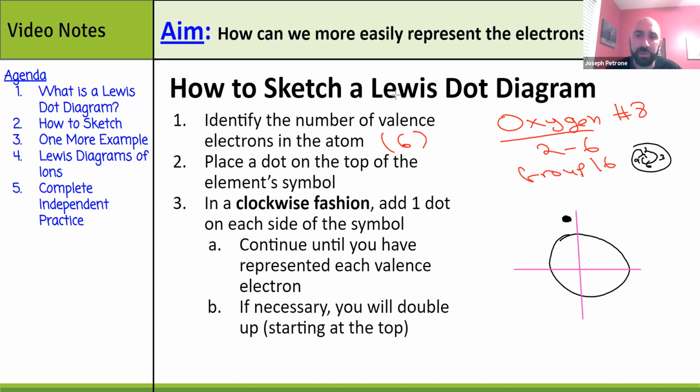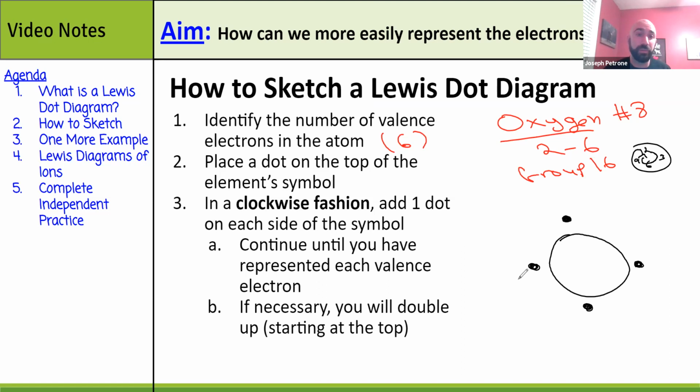I'm going to erase those, but it might be something that helps you. Once again, we're going to draw one dot on each side of the symbol until we've reached the number of valence electrons necessary. So we've got 1 here, 2, 3, 4.